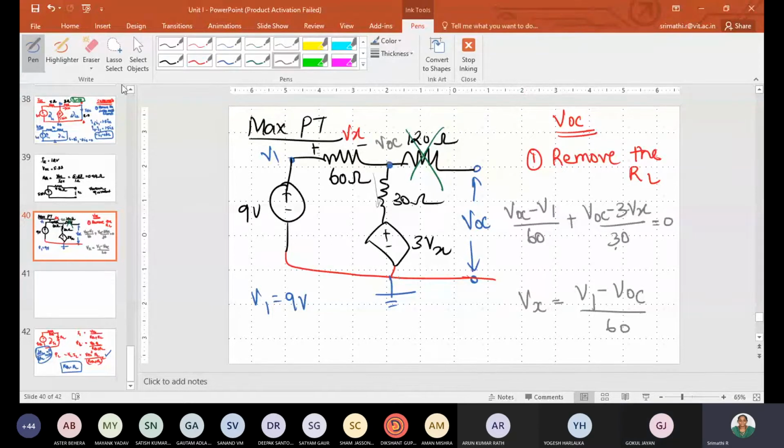Everybody is getting the same value? Any answers? If you have an answer, tell me. Ma'am, 3.1. Then you need to solve.